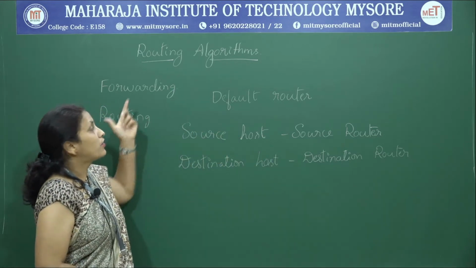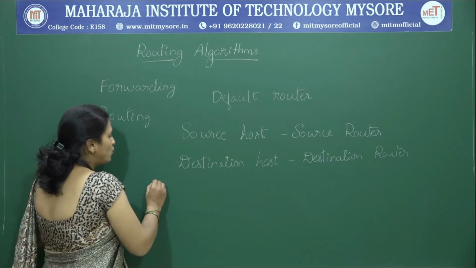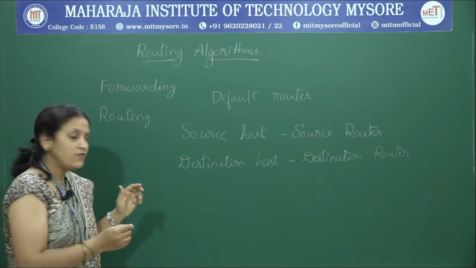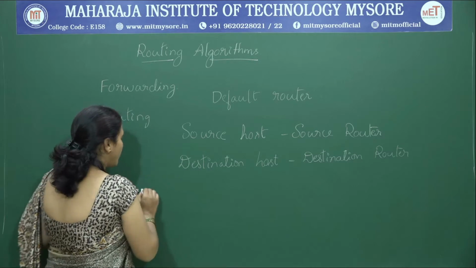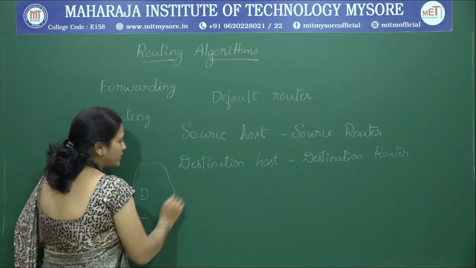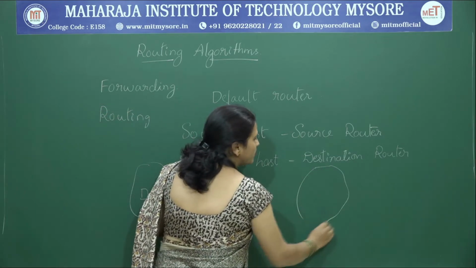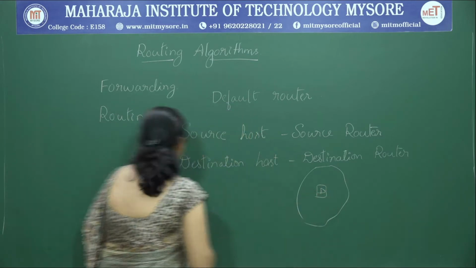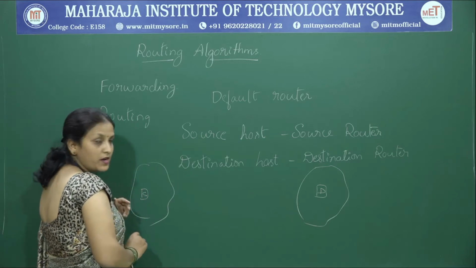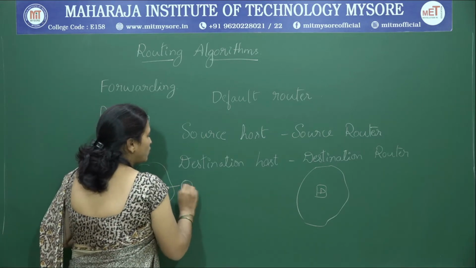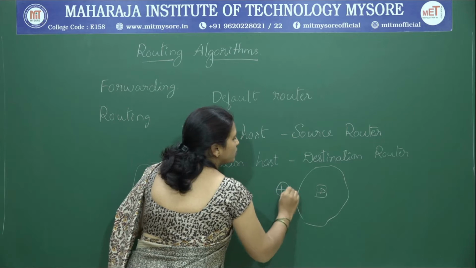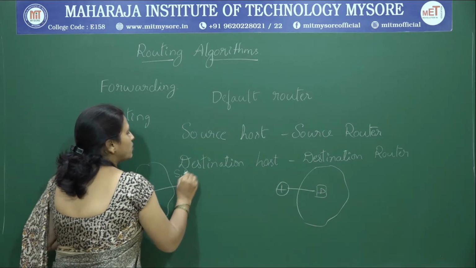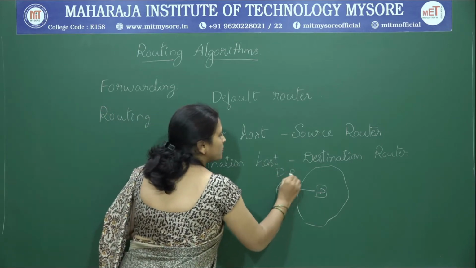Since we are talking about routing, it will be between two different hosts, right? For example, as we have discussed in the previous classes, there will be a network, there will be some host somewhere over here in this network, and I will be having some other network here, and I have my destination here. So this is my destination and this is my source host, right? Source host will be connected to one router and destination host will be connected to some other router. So this becomes my source router and this is my destination router.